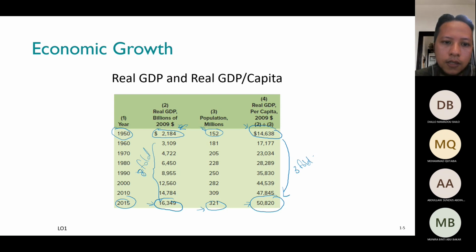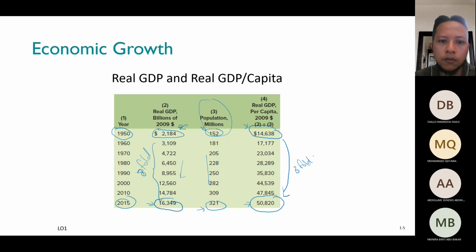Okay, so there is a disparity because although the GDP increases, you have to also factor in how much is the population. Okay, so you can say that increase in GDP does not correlate with increase in GDP per capita. Okay, it's not necessarily the same.